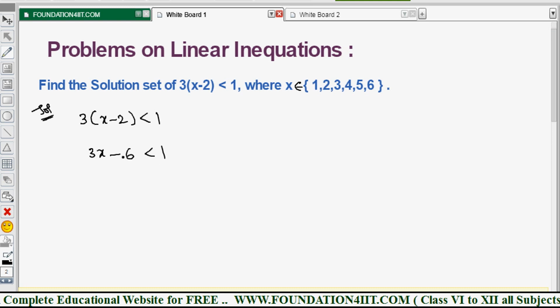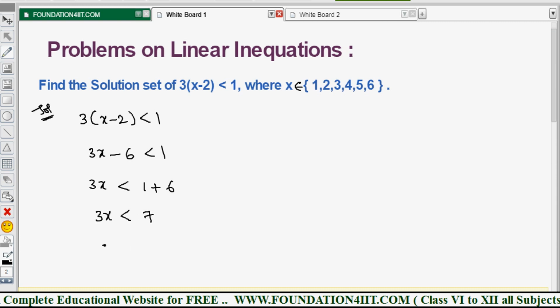This is a simple inequation. Now we should take the x terms on one side and all other numbers on the other side. So minus 6, if you take it to the right, becomes plus 6. That means adding 6 on both sides. So 3x is less than 1 plus 6, which is 7.